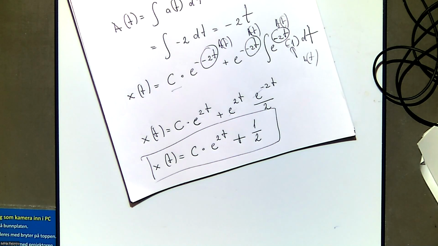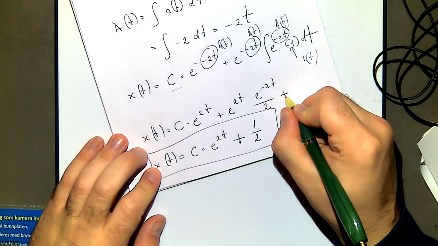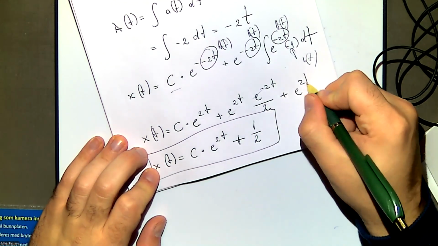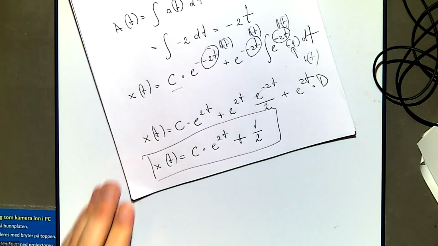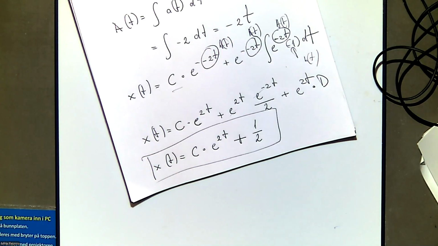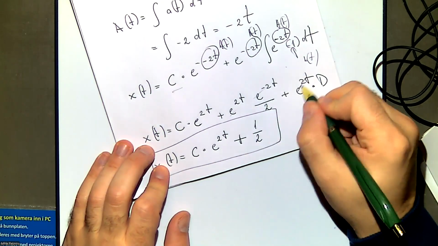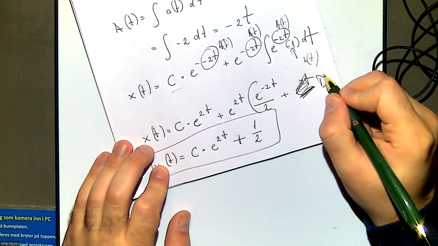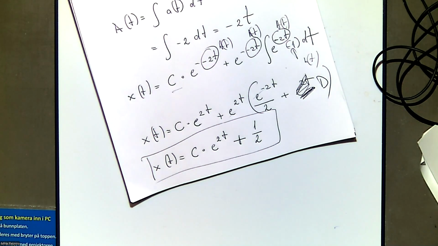Any questions on what I did? Yeah, why don't you need the solvation? Because if I wrote a constant here, it would be plus e to the power of 2t times d, with d being the constant.